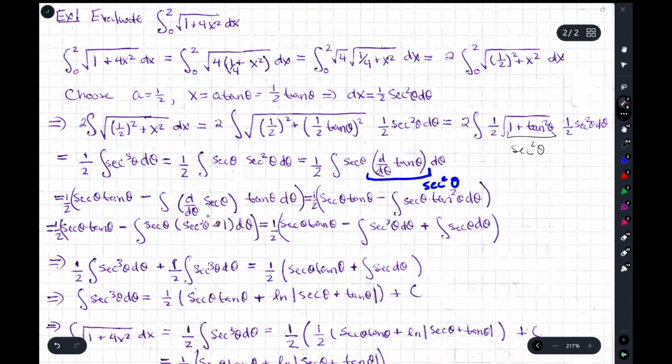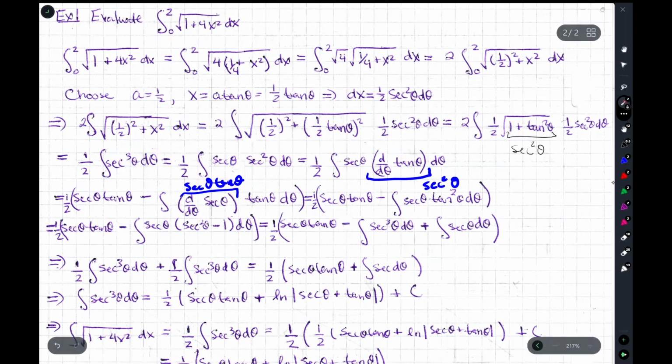Taking the derivative of secant theta, I get secant theta tan theta. That's the derivative of secant theta. And you'll see that you end up with the expression that you see over here.